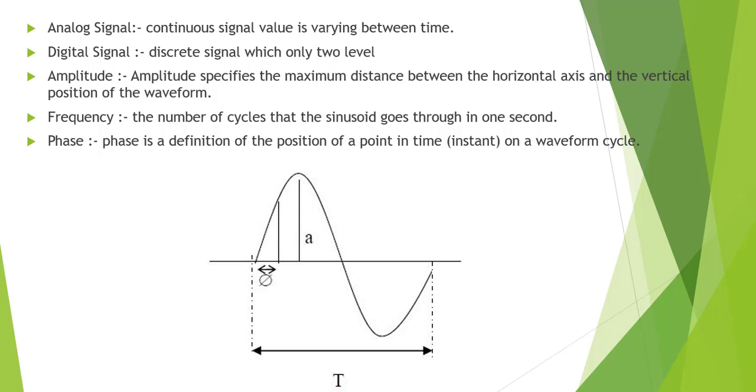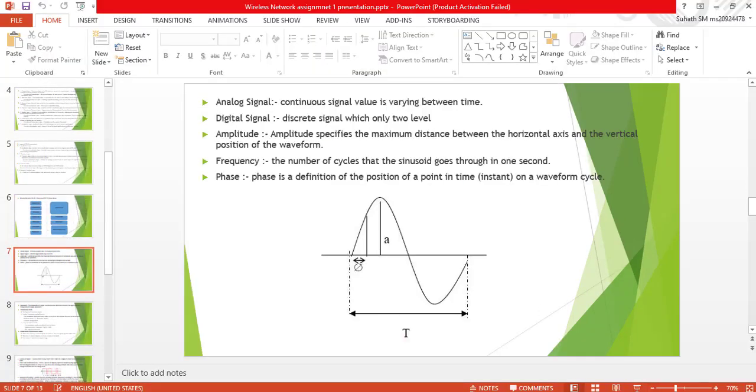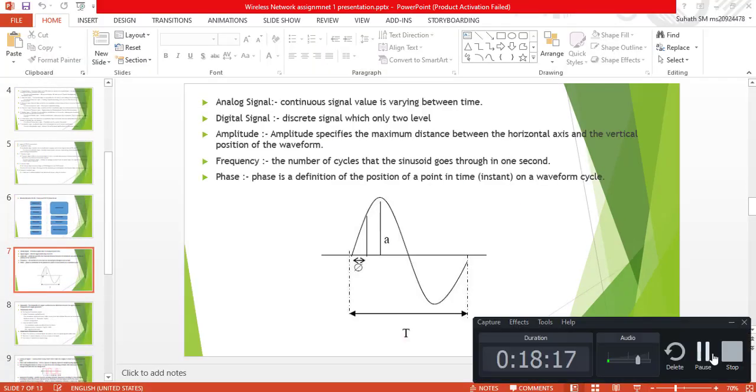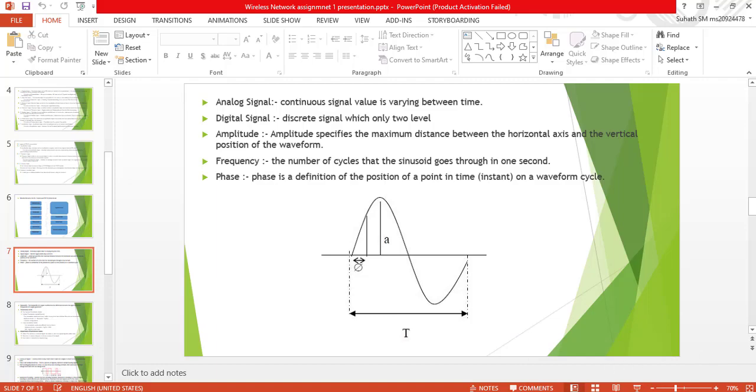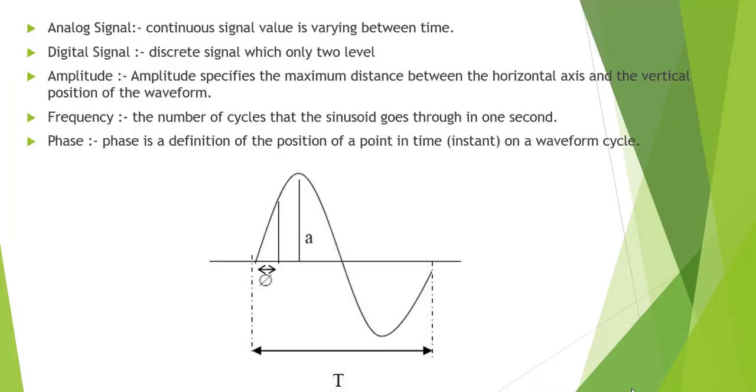First is the analog signal. Analog signal means a continuous signal in which one time-varying quantity represents another time-varying quantity. Second is the digital signal.